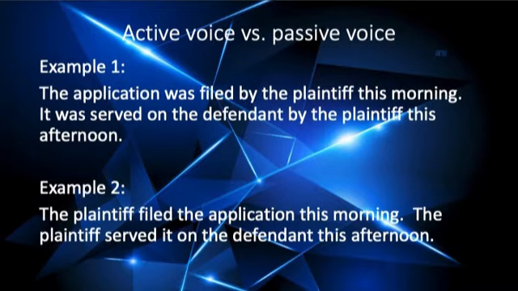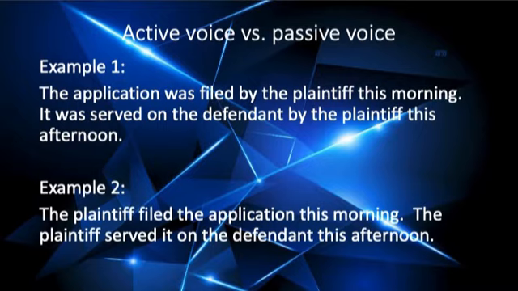Again, that's expressed in the passive voice. So if you look at this second example on the slide, that is an example of how those two sentences in example 1 can be rewritten to be expressed in the active voice. In this instance, both of those sentences within example 2 follow the subject, verb, object requirements.